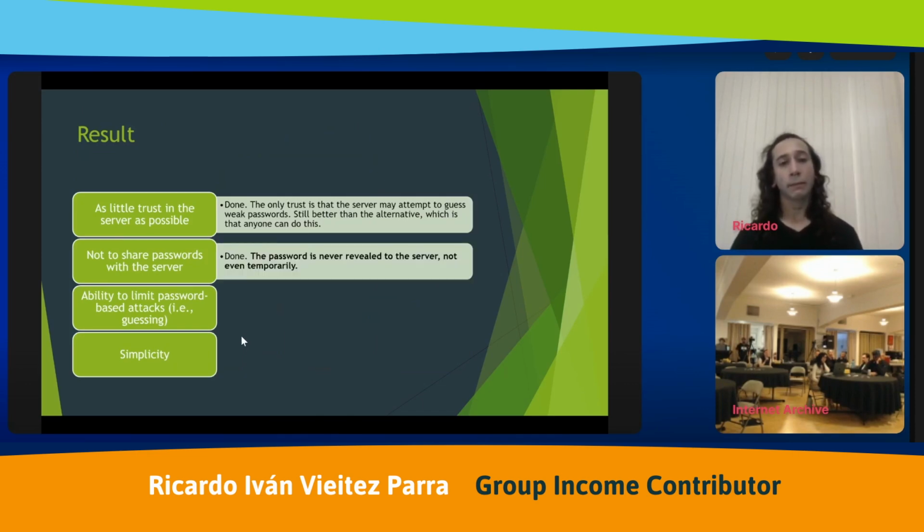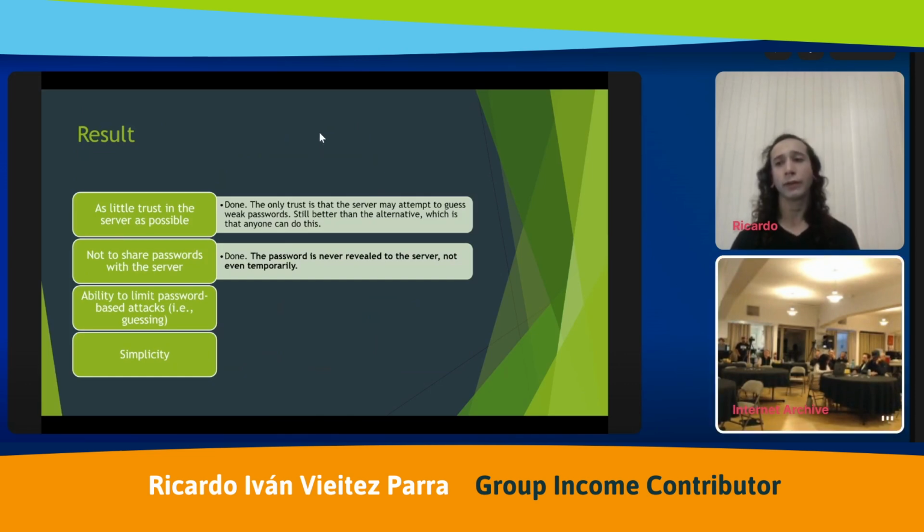By doing things in this more roundabout way, the password is not sent to the server, not even temporarily, so we don't have to trust that the server doesn't keep logs or anything like that, because we are not really sending the server our password.